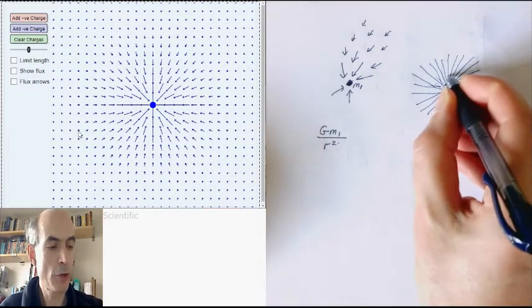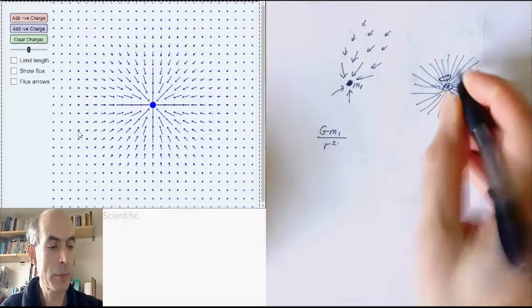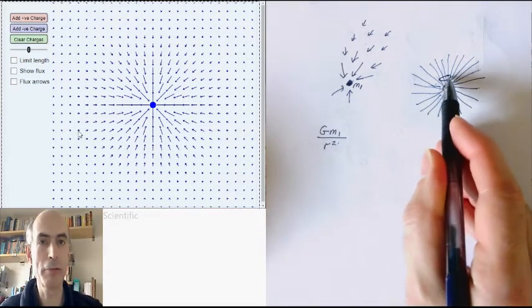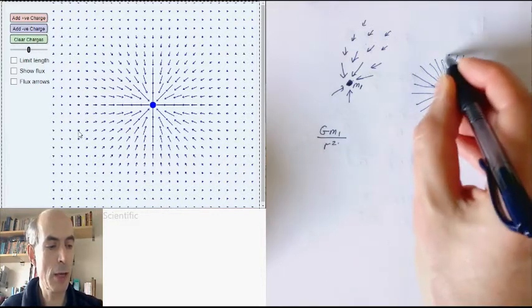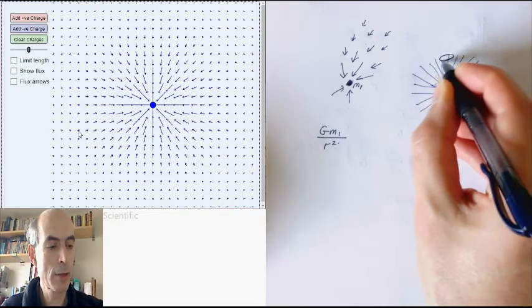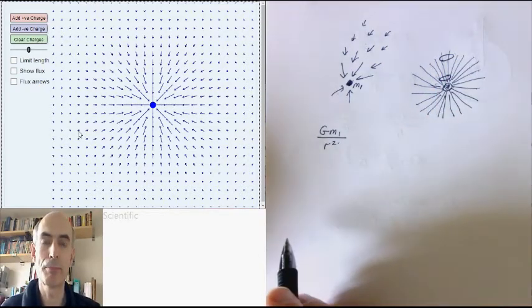If I draw a unit area there might be, in this case, just about 5 lines passing through that unit area. If I drew the same area further away, there's only 2 lines passing through it.